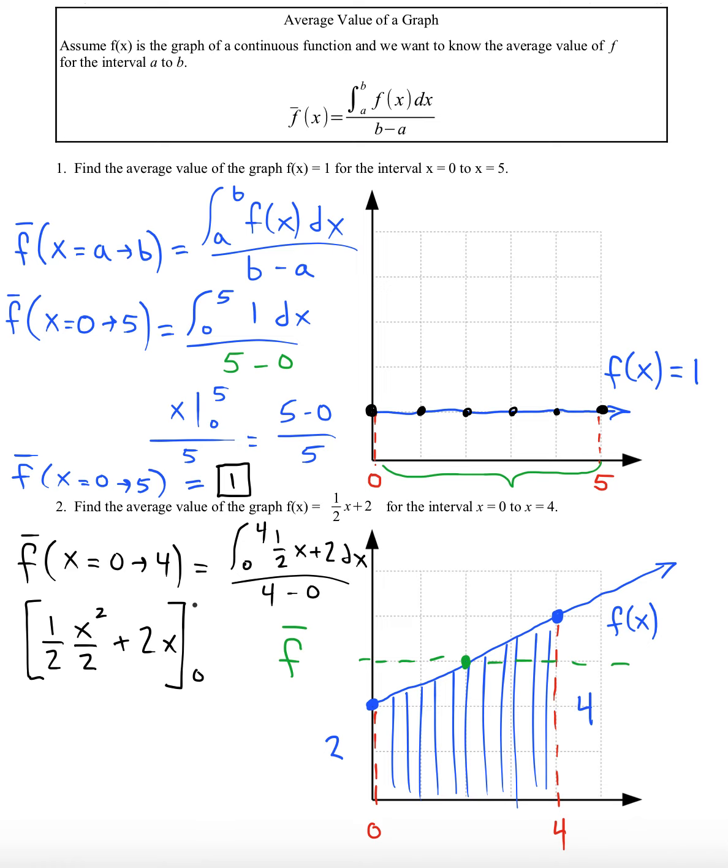Put your limits of integration on the outside, then it's clear what the limits apply to. And it looks like we're also going to have a 1/4 on the outside due to this division by 4. All right, maybe you already have an idea of what the f bar should come out to here. But let's follow it through and plug in.